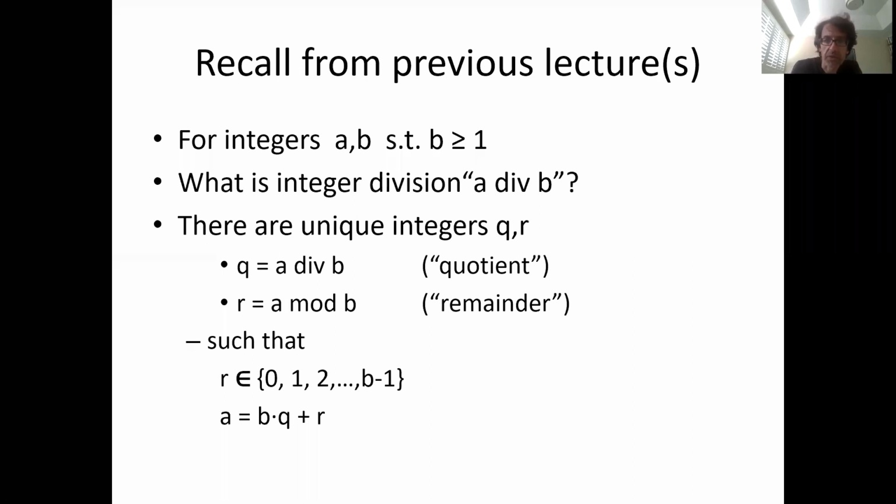So you take the nearest multiple of the divisor b, the nearest but no larger than a, so it's the nearest from the left side of the scale, and the remainder is the difference between the original integer and that multiple of the divisor.